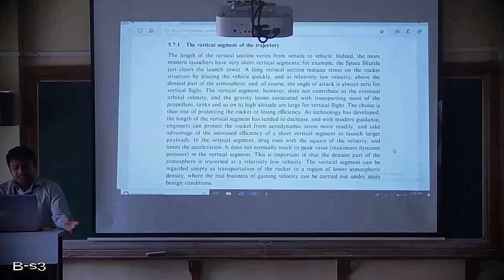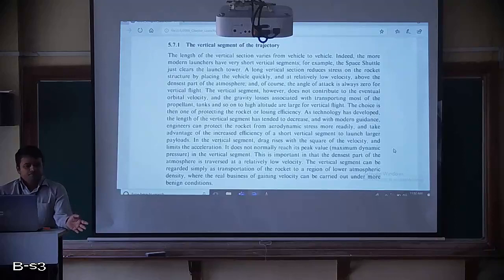Anyhow, it will not reach the peak value in the vertical segment. So finally, the velocity will be very less in the vertical segment. If you make your rocket launch for a longer vertical distance, then relatively the velocity will be very less, which we don't want.